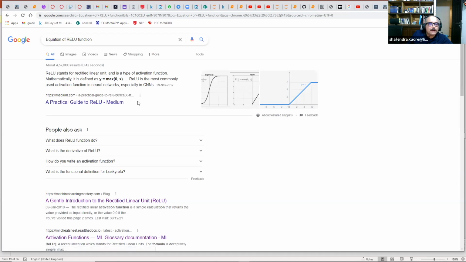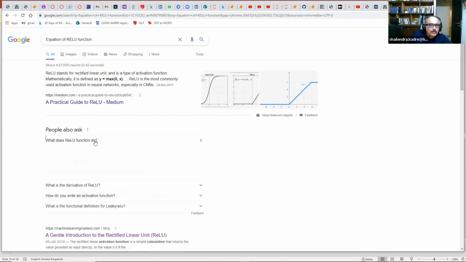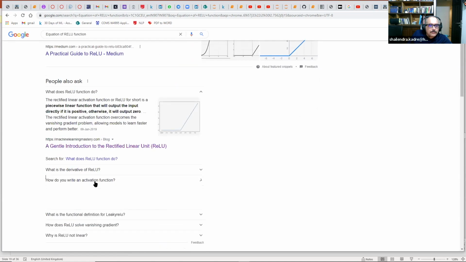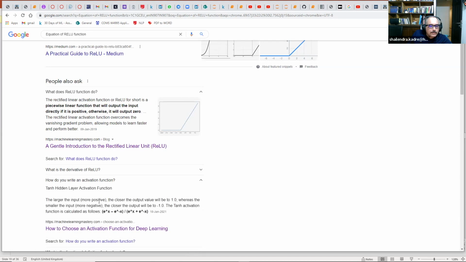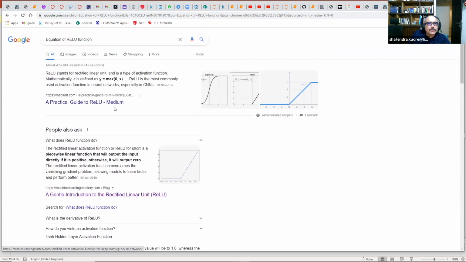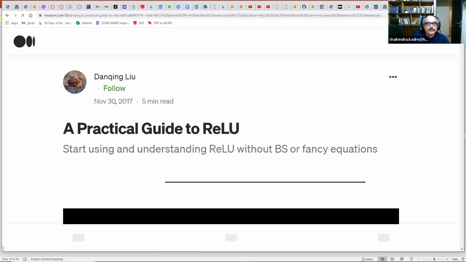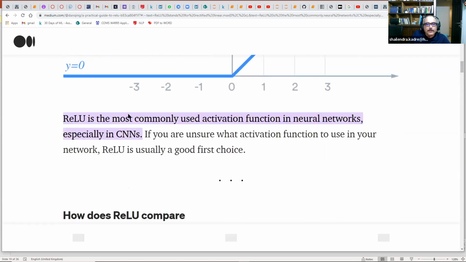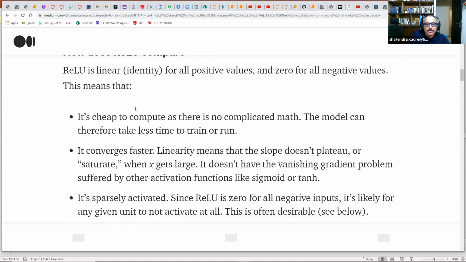This is a ReLU function. I have not shown it properly. See, this is how they are showing the ReLU function, but there is a better representation of it which I am not getting here.